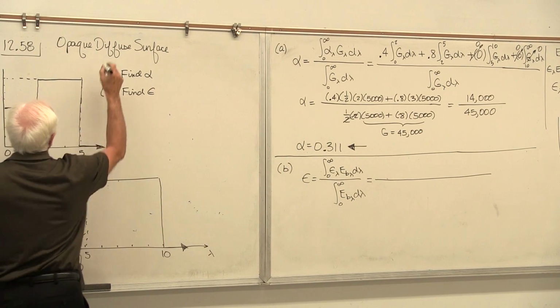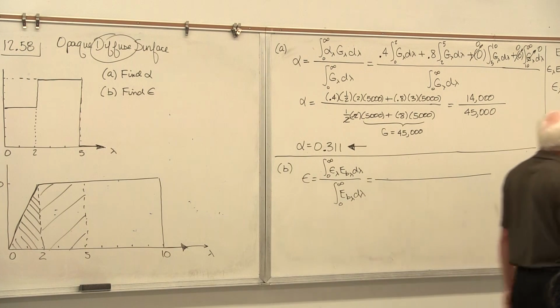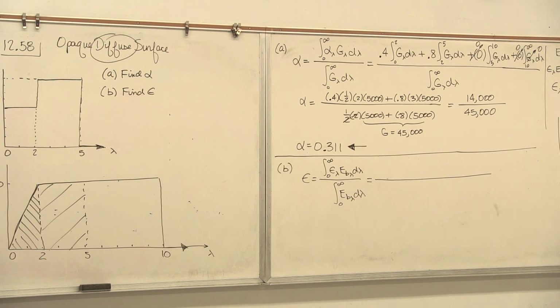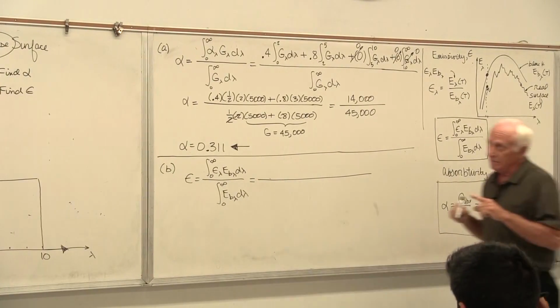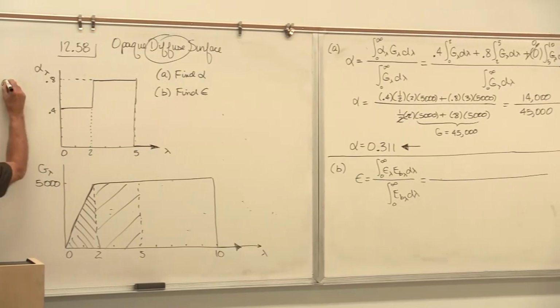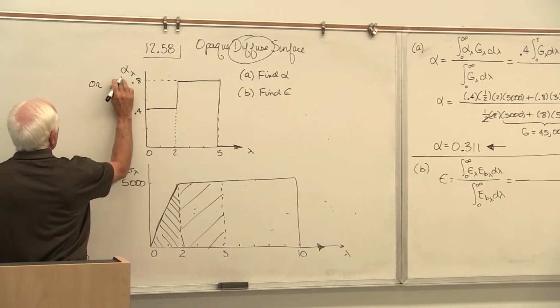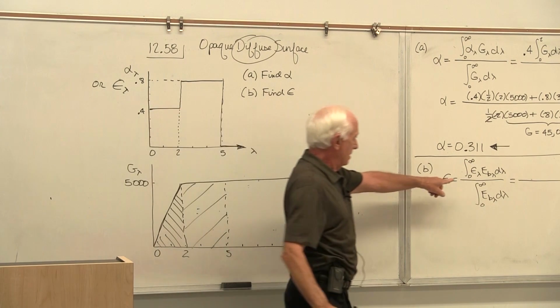There's a magic word: diffuse. Kirchhoff's laws. If the surface is diffuse, I can say the spectral emissivity equals the spectral absorptivity. So the graph he gave me for absorptivity is also a graph for emissivity.